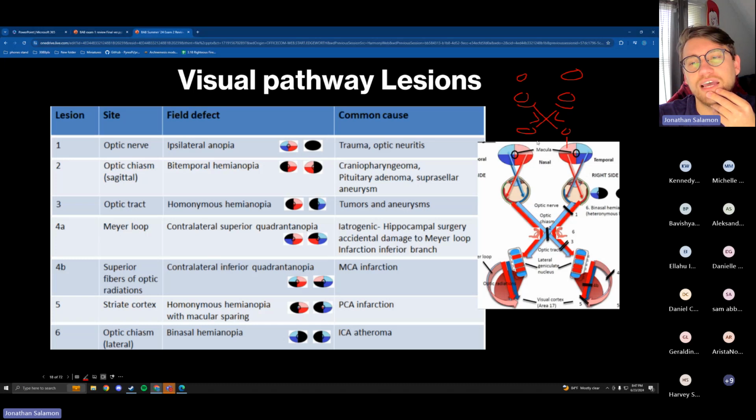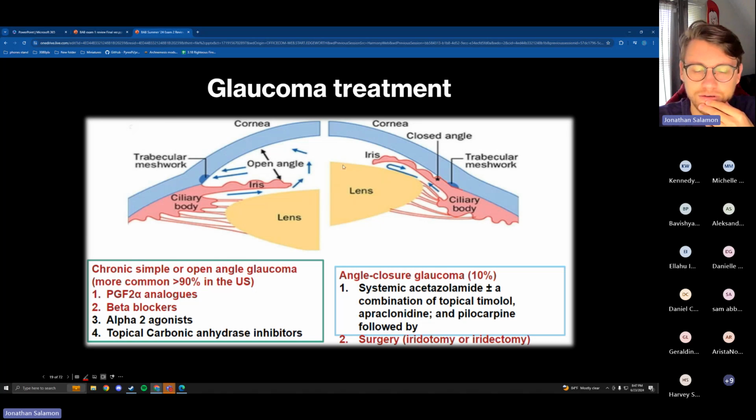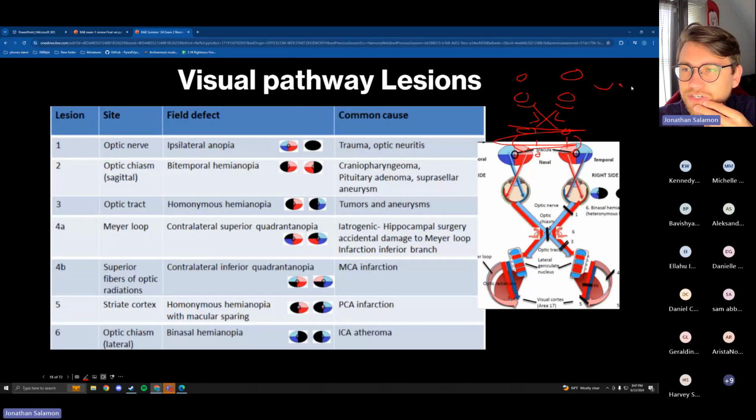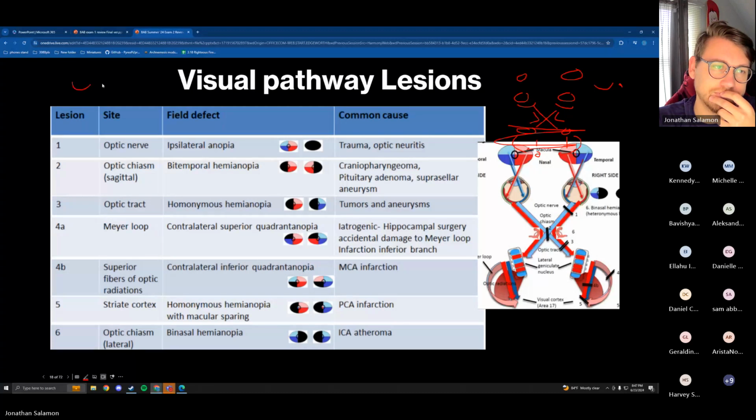I know I just drew the whole thing out, but if you can just do this part, just the top, you're in a good spot.